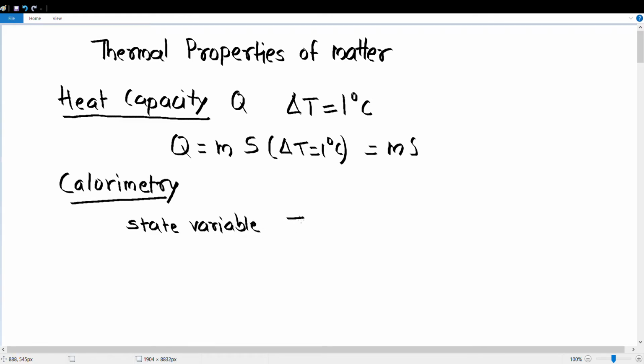Like temperature, pressure, volume. These are the state variables. For this instance, we are interested in temperature. So in calorimetry, we measure the changes in state variables when heat is exchanged between system and surrounding.